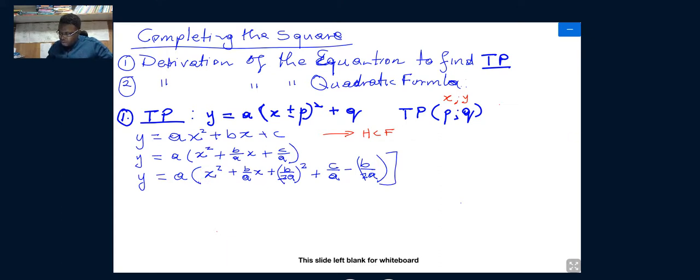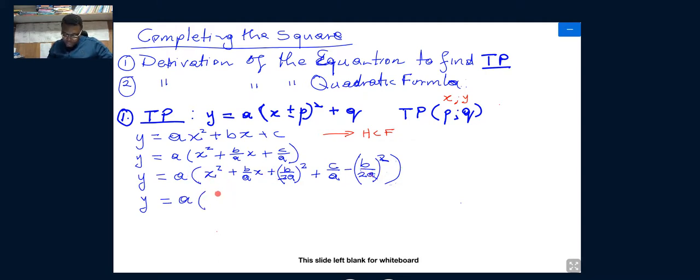Okay, let me do this. And then y is equal to a.